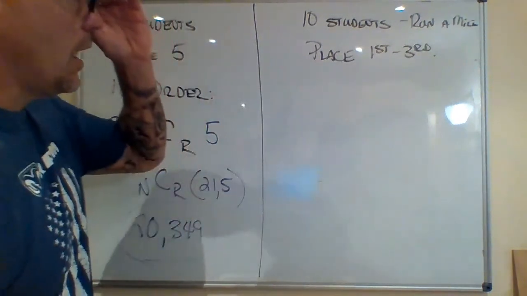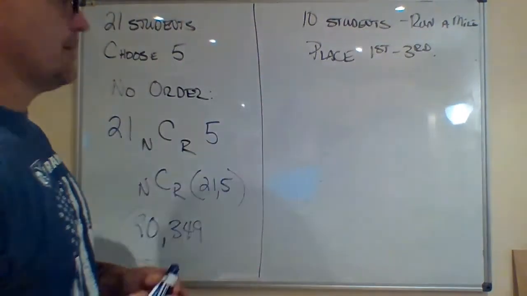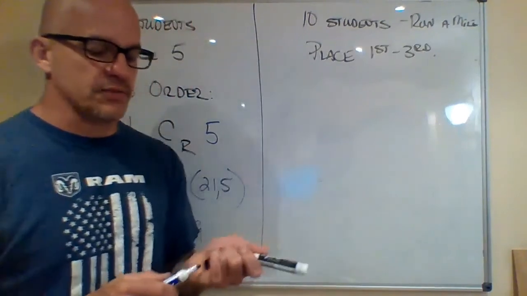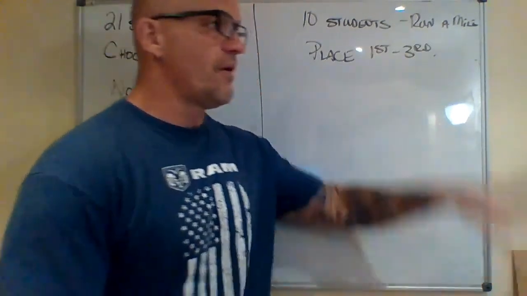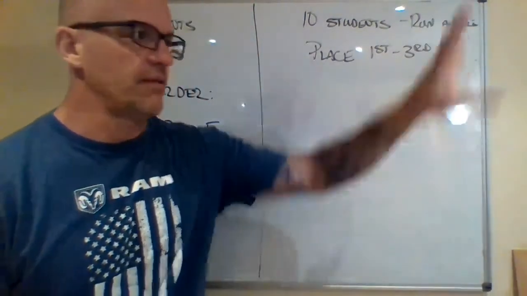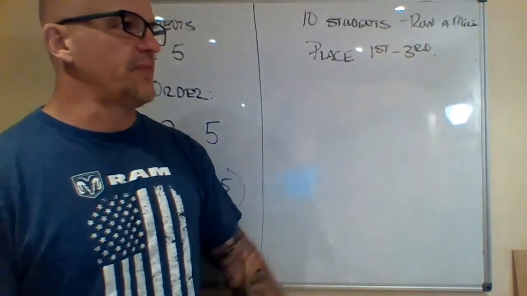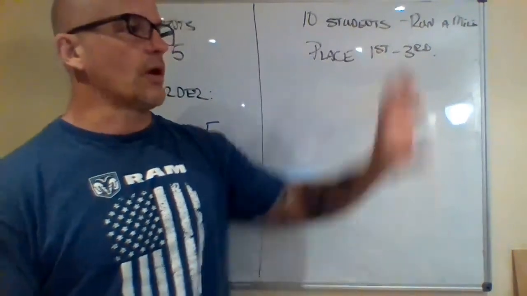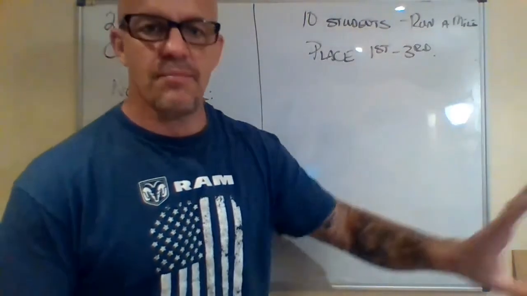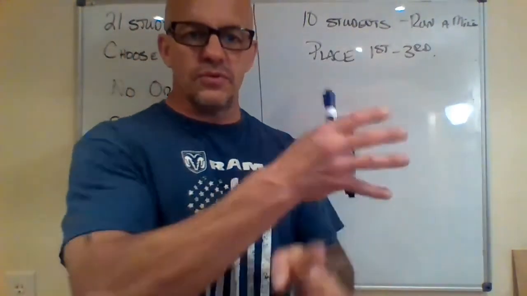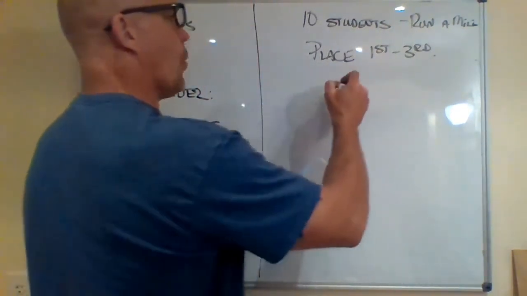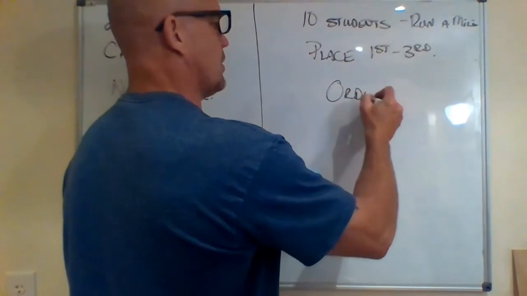Well, if we're placing people, the order matters. If Bob, Jimmy, and Amanda come in first, second, third, that's different than Bob, Amanda, Jimmy, or Amanda, Jimmy, then Bob. Those same 3 students rearranged gives you a whole different set. So this time, order matters.